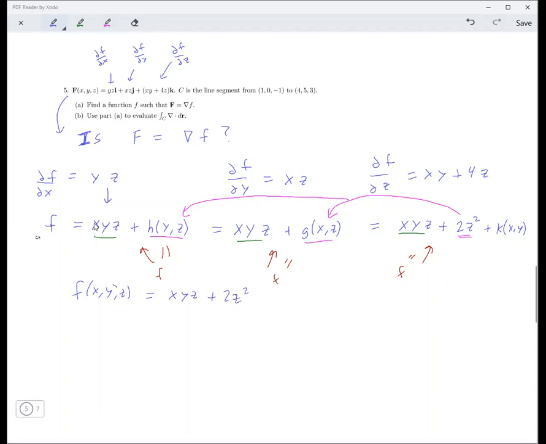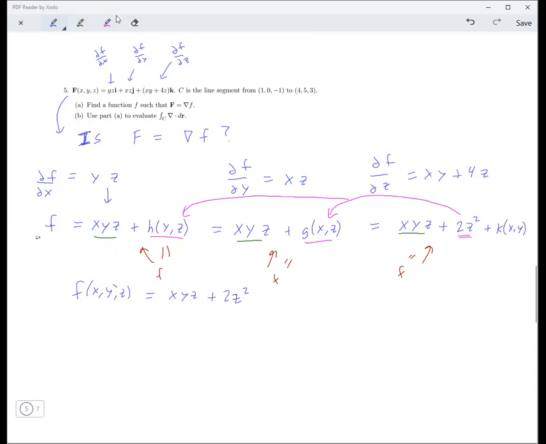Notice that I'm not tripling this up. Some people will write 3xyz. No, that's not how you're supposed to do it. This right here has to be able to be equal to this, and also equal to this, and equal to this, independent of the other two. So this is the easiest function that does it.